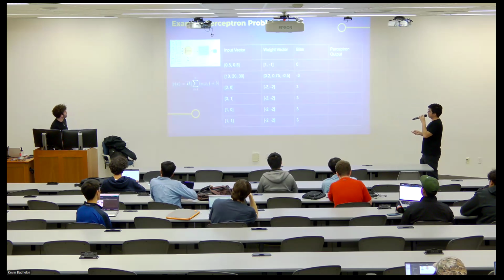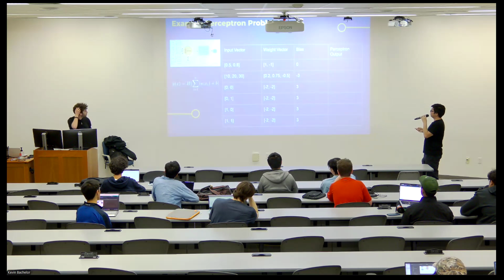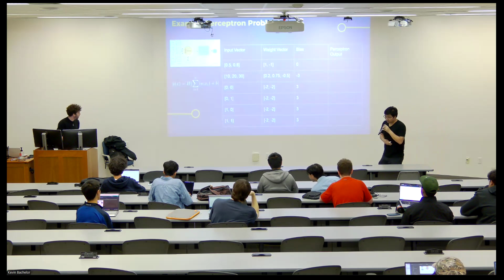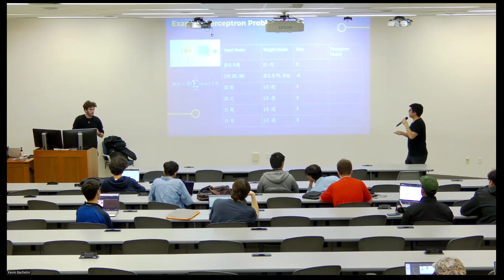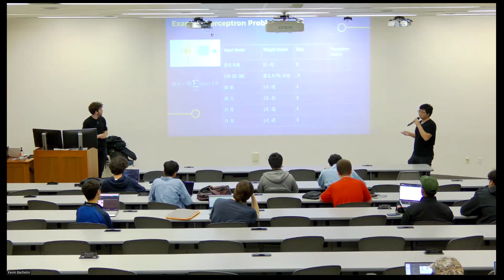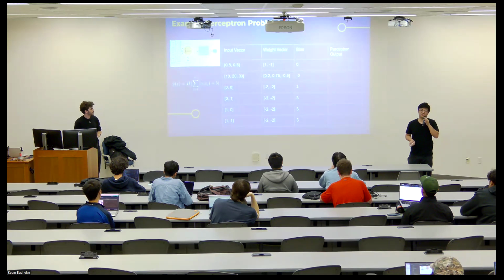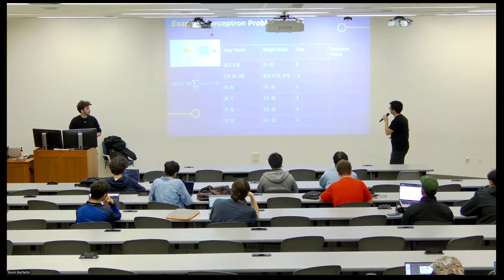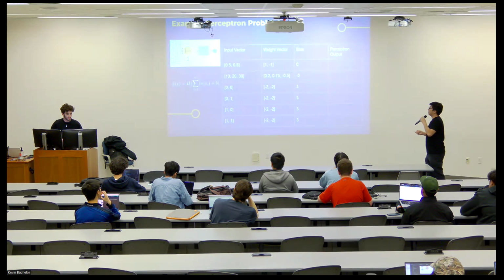So 0.5, 0.8. These are input features x1, x2, and our weights are 1, -1. And what we're going to do is multiply and sum. So 0.5 times 1 is 0.5.